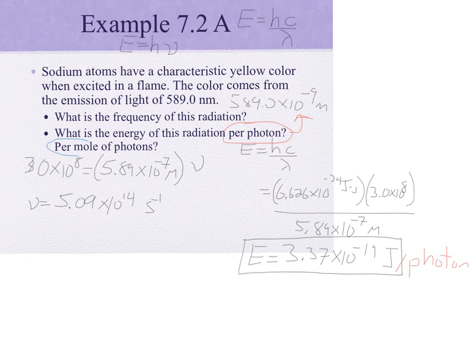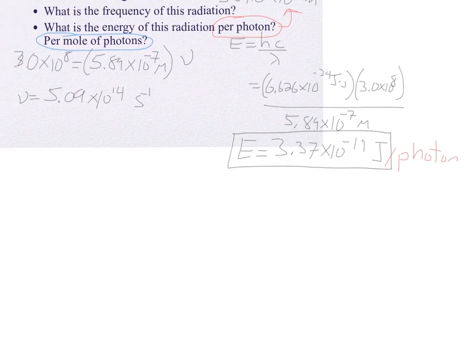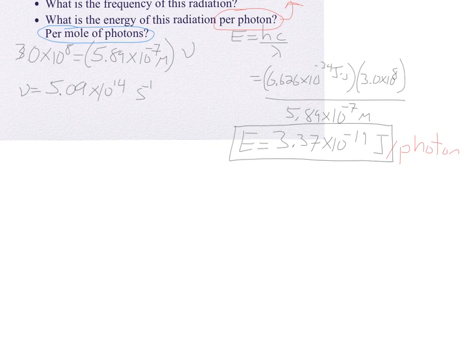How much energy do you get per mole of photons? Well, a mole is just a very large number of photons, and we have Avogadro's number to help us with that. So if this is the energy of one photon, I have a mole of photons. It's pretty common that we'll go back to Avogadro's number, 6.02 times 10 to the 23rd photons.